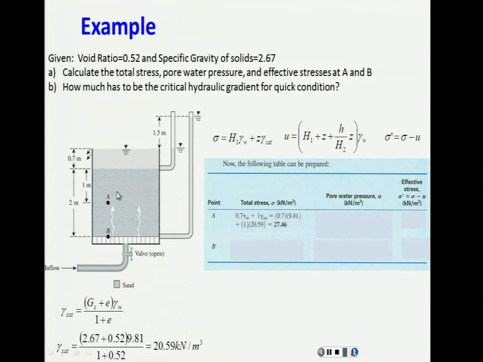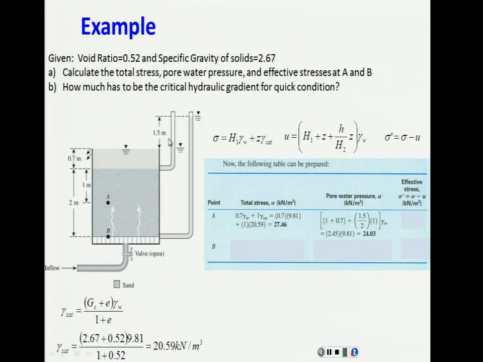Okay, let's go first with the pore water pressure. Pore water pressure at point A, remember that it's going to be whatever column of water I have, 1 plus 0.7, that's the column of the water, right? But that will be only if you don't have seepage. But now you have an upward seepage happening here.